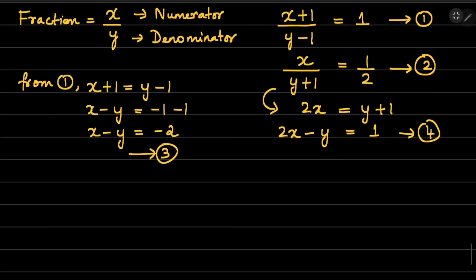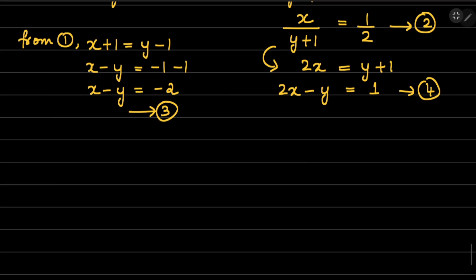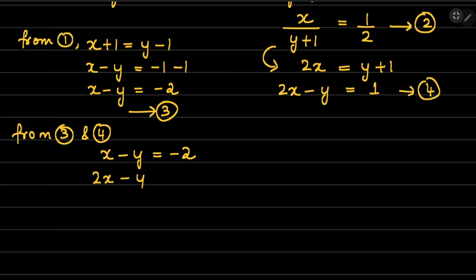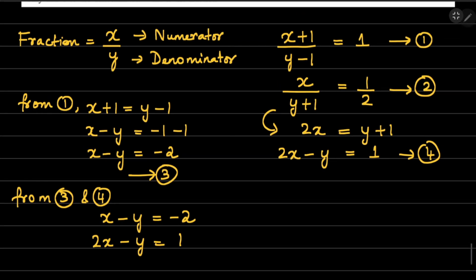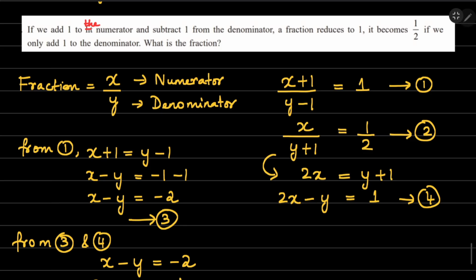Now you can subtract these two equations. So from equation 3 and 4, what do you have? x minus y equal to minus 2 and 2x minus y equal to 1. Remember, our goal is to find the fraction.